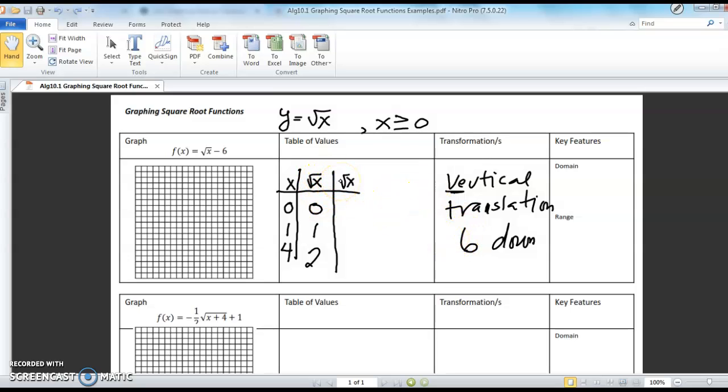So this will be our square root of x take away 6. So subtract 6 from each of these. 0 minus 6 is negative 6, 1 minus 6 is negative 5, and 2 minus 6 is negative 4. So those will be the new y values.